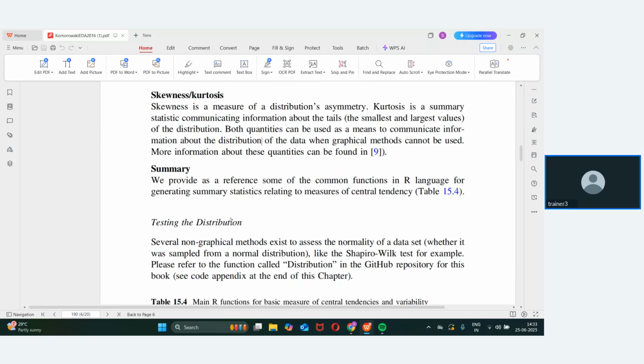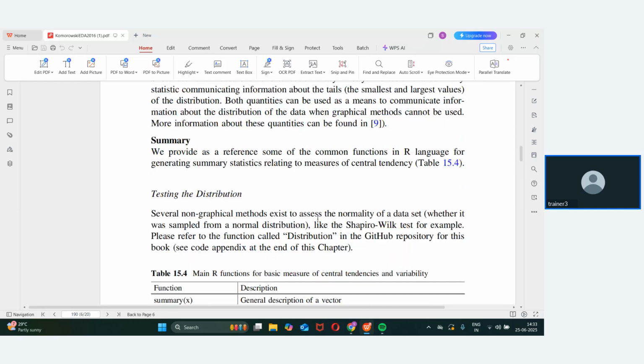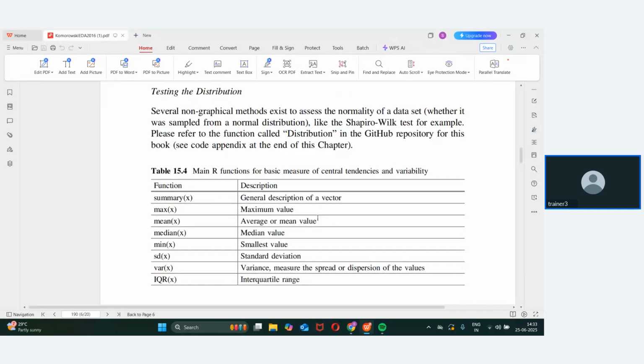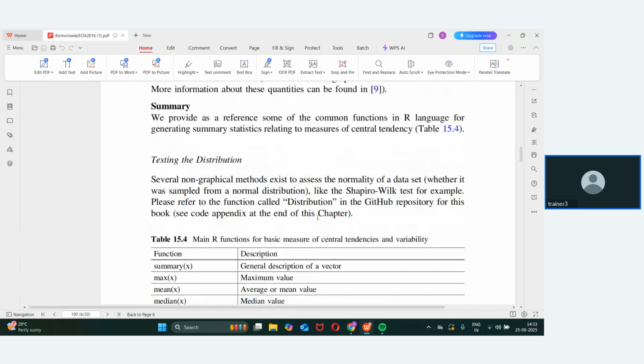Coming to the summary, what we have dealt with under non-graphical, we have three things: central tendency, spread, and frequency table. Central tendency means mean, median, and mode.